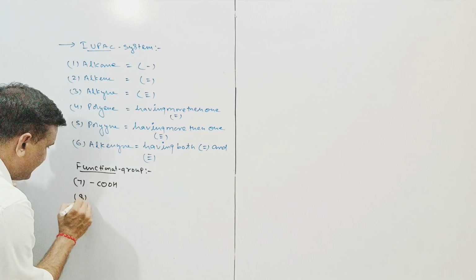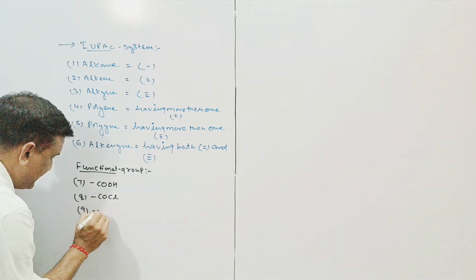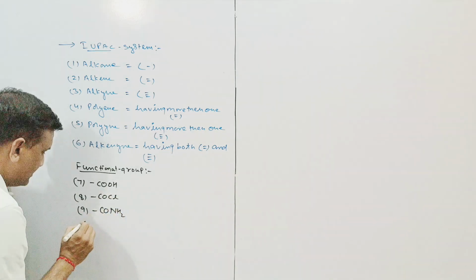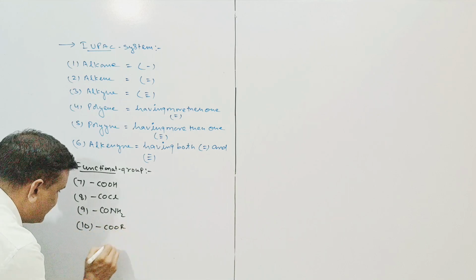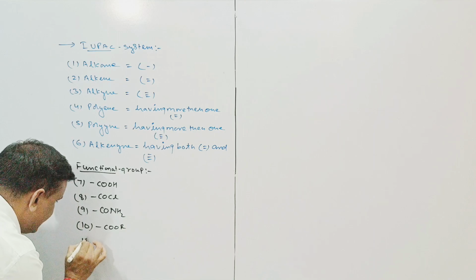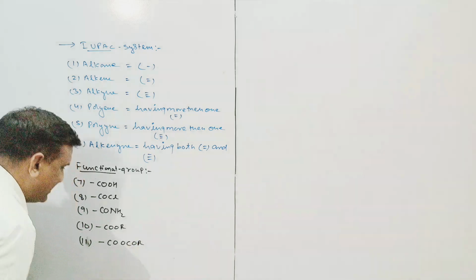As the 8th, it will be COCl, acyl chloride. For the 9th, it will be CONH2 as an amide. This is 10, COOR as an ester. This is the 11, as we can take COOCOR as an anhydride.